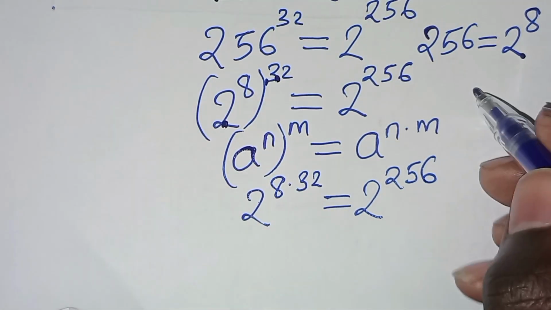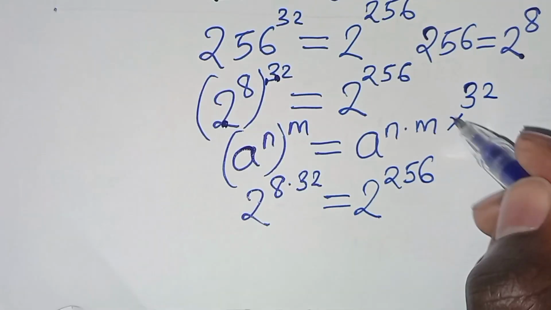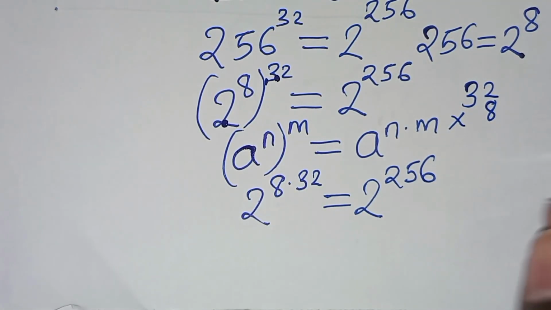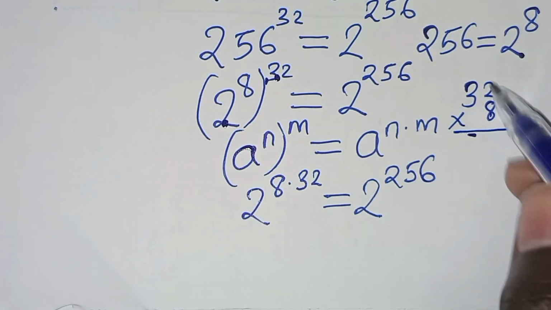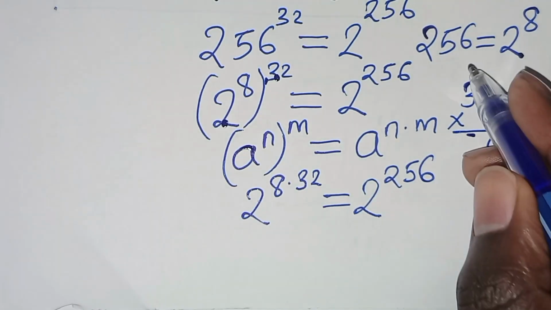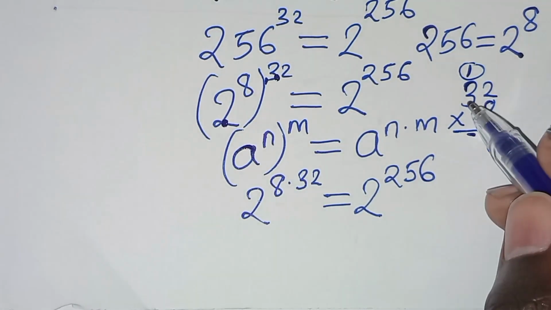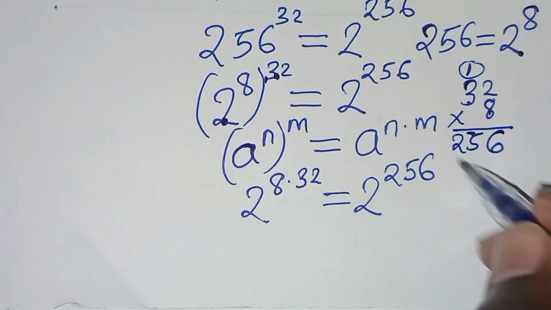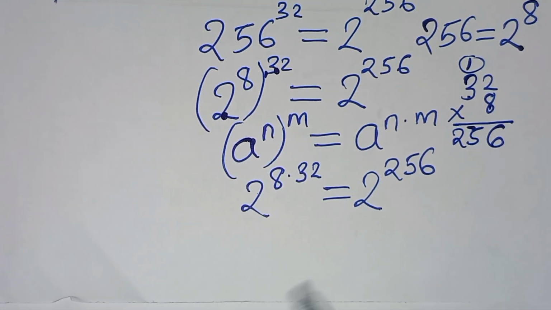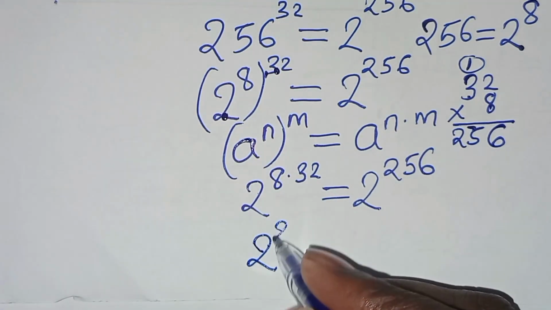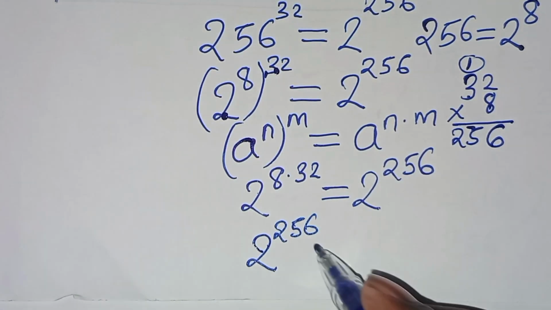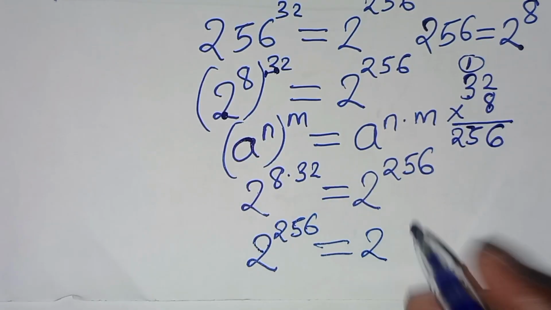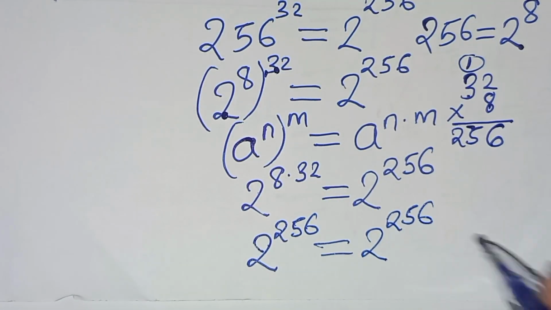So here we have 32 multiplied by 8, and this is equal to 8 times 2, this is 16, carry 1 here. Then 8 times 3, this is 24 plus 1, this is 25. So we have 256. So this is the same thing as 2 to power 256. This is equal to 2 to power 256.